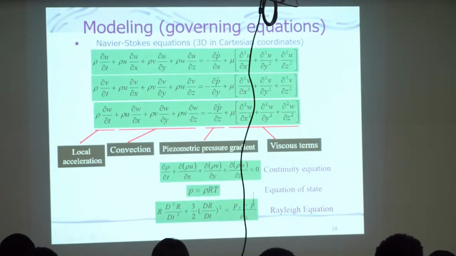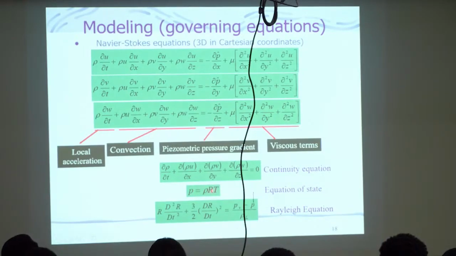In applying the conservation of mass and momentum, you may need the equation of state. For example, in compressible flows, you may need the equation of state to be able to cast the pressure in terms of the density, the ideal gas constant, and the temperature.